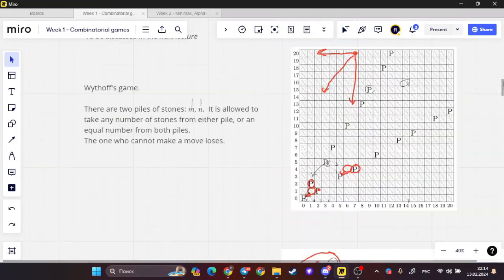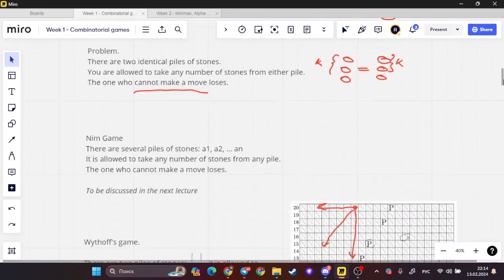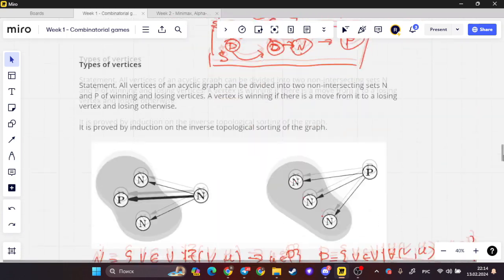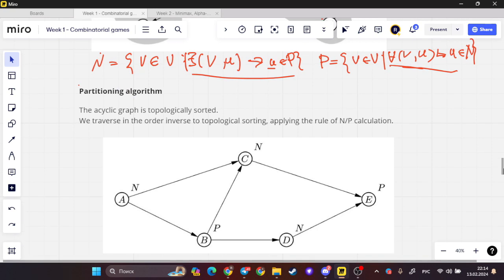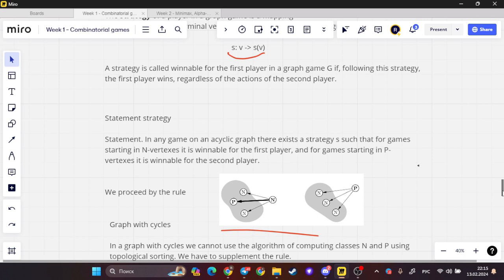Hello. In the previous lecture, we considered combinatorial games, and we learned how to reduce these combinatorial games to a graph. For any graph, we learned how to make a retrospective analysis that gives us an understanding of what game states are winnable and what game states are losing.